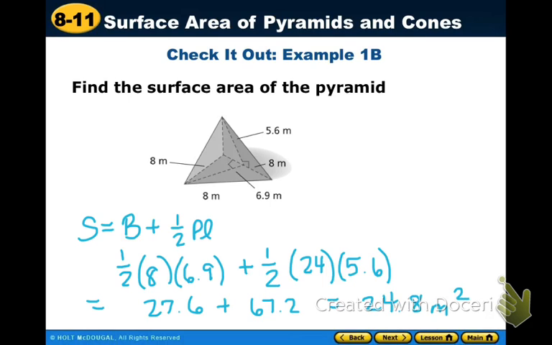And the final surface area would be 24.8 meters squared.